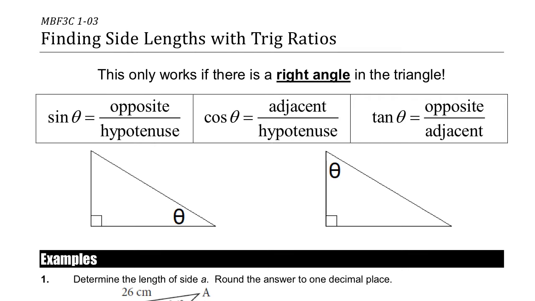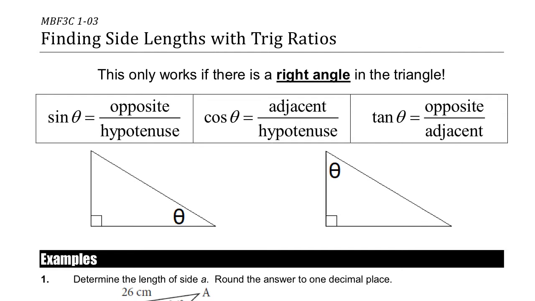We also need to be comfortable with the idea that this symbol represents an angle. This is a Greek letter, the Greek letter theta, and it's usually used by mathematicians to indicate an angle.